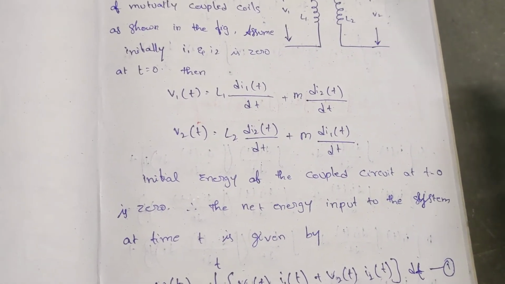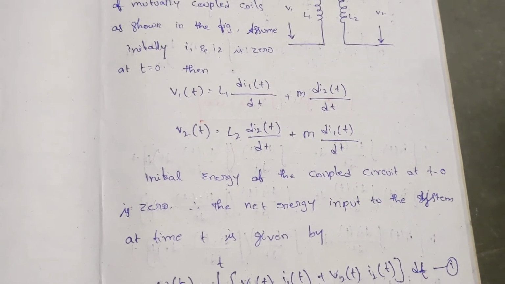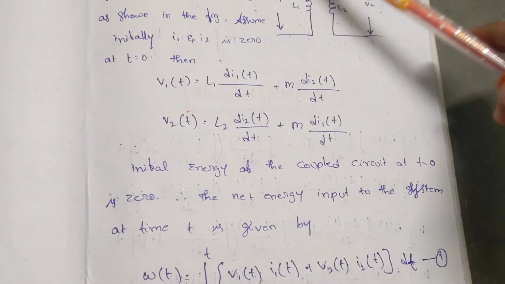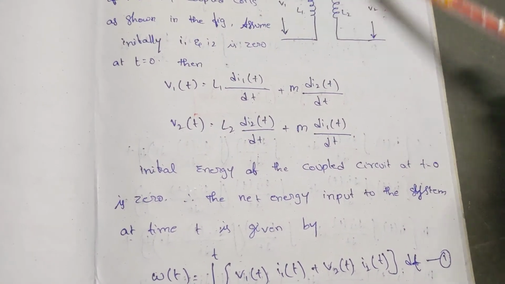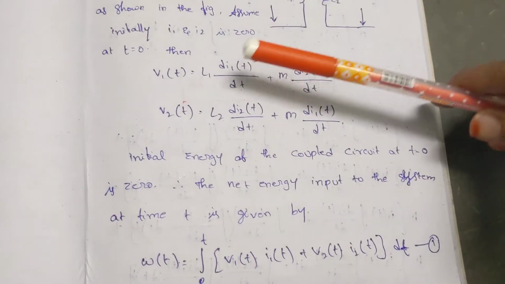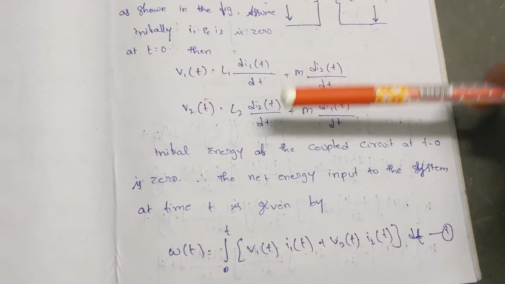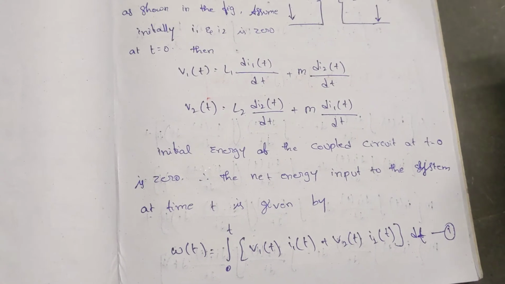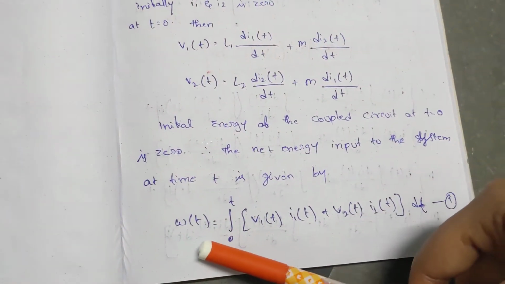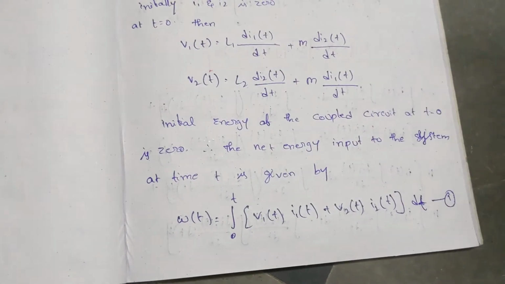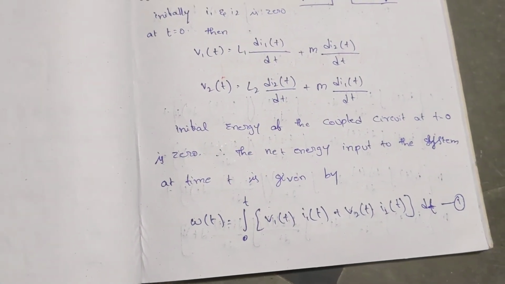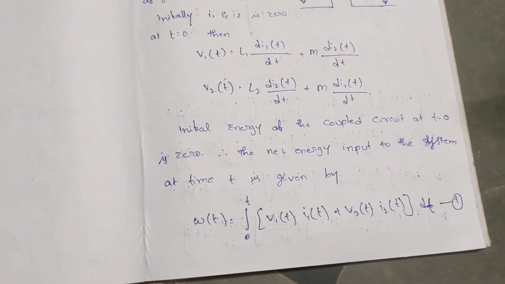We are considering it as a completely discharged circuit, so the energy stored in these coils will be 0. The total energy given to this system at a time t will be, we know, the integration of power over an interval of 0 to t.